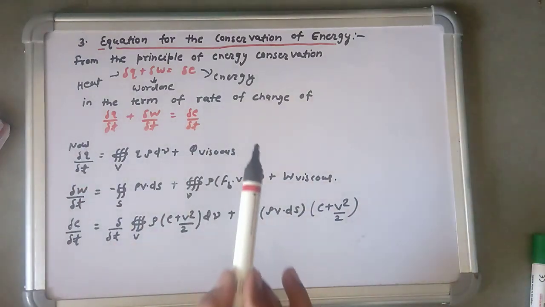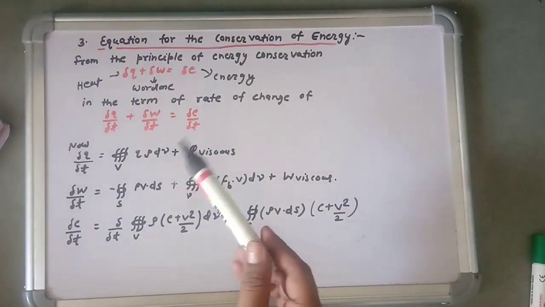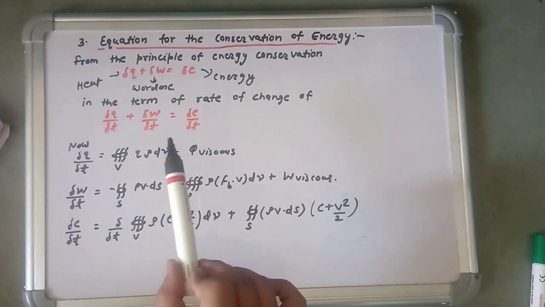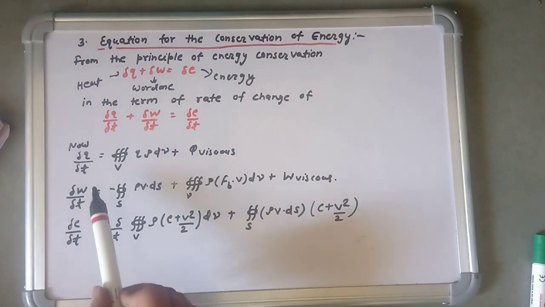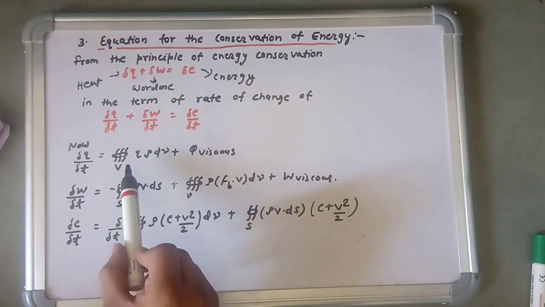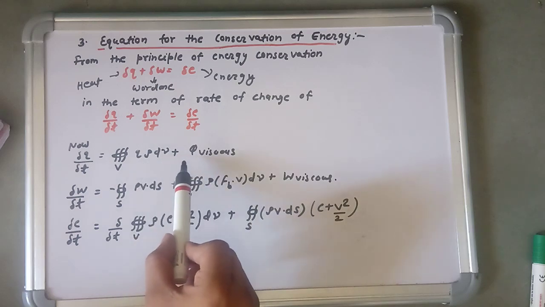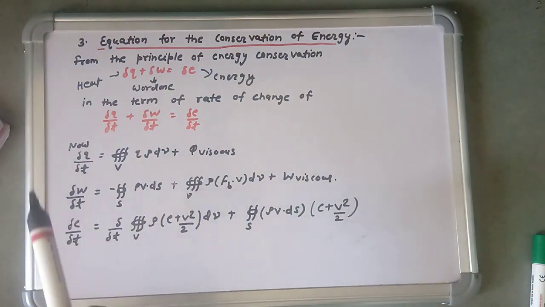Now from the diagram which we made at the start of the fluid domain, del q by del t, the change in the heat flow, equals the closed integral of q rho dv plus q viscous, which is the heat due to viscous flow.